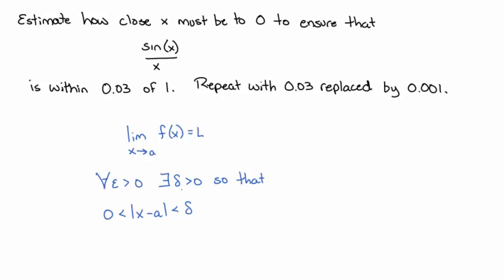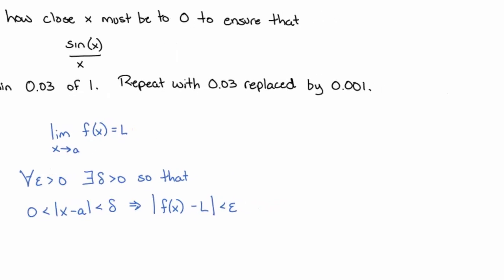The 0, by the way, is there to ensure that x cannot actually be a. But that will imply the distance between your function and your limit is less than epsilon. Or in other words, your function is within an epsilon neighborhood of your limit, L. So that is the symbolic mathematics way of writing it.